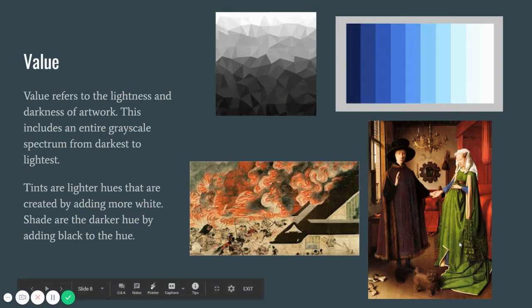So, for example, if you look at all of the drapery in her dress, this effect that we can look at and understand and recognize as big, deep folds in drapery cannot be achieved without value changes within the green. And so if you look at this green very closely, you can see that there's very, very, very light greens. Those are the highlights.